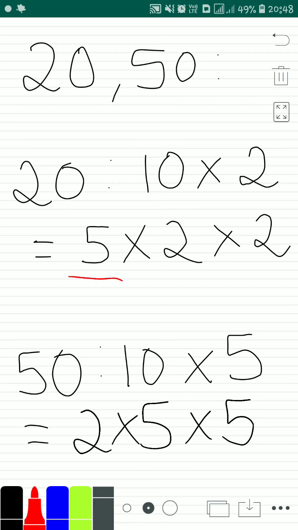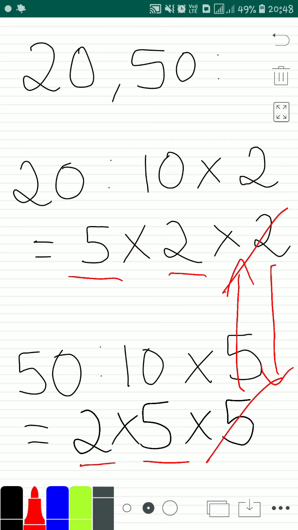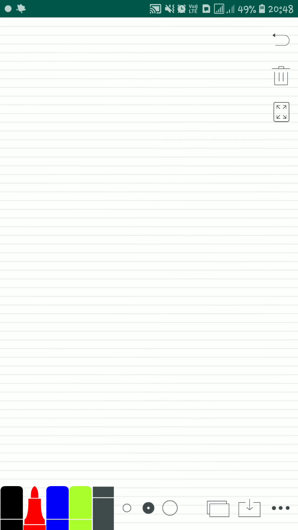We get 5 in both, so we will take one 5. 2 in both, so we take one 2. But this 2 is not appearing in 50 and this 5 is not appearing in 20. So we cancel this 2 and this 5 and take only 5 into 2. So 5 into 2 will give us 10.